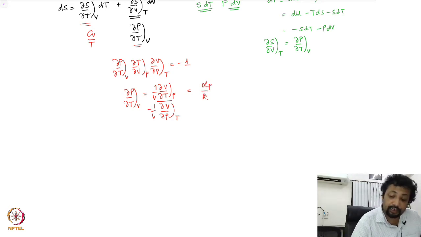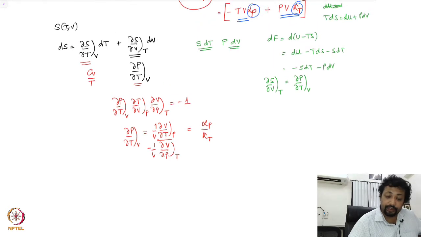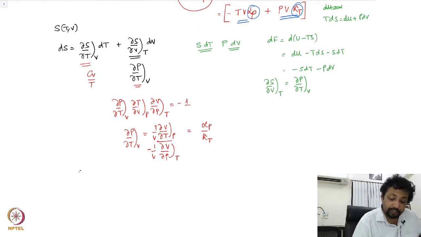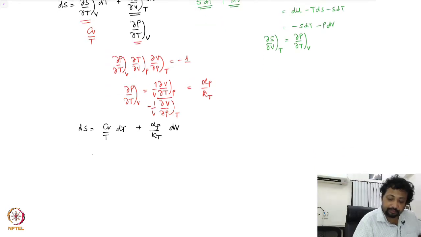So this is alpha P by kappa T. So therefore your entropy equation now becomes ds is Cv by T dt plus alpha P by kappa T dV. So TdS is Cv dt plus alpha P over kappa T dV.